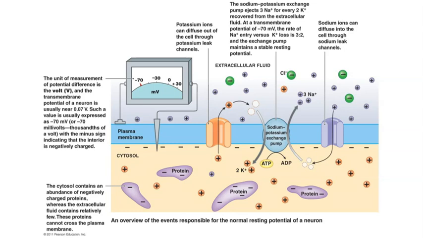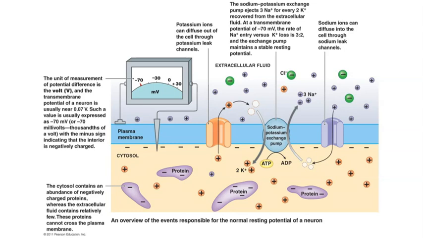The other channel is purple, and it is a sodium leak channel that allows sodium to diffuse into the cell. Again, because the sodium concentration is high on the outside of the cell and low on the inside, diffusion tells us that sodium will move from the outside to the inside, simply following that concentration gradient.